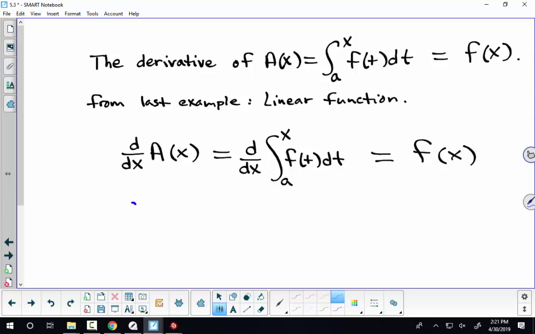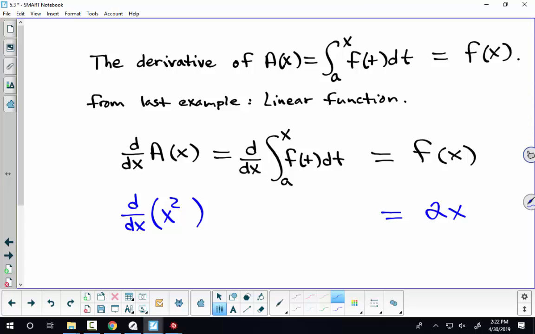So let's look at it this way. What if I told you that the derivative of x squared is 2x? What do I know about x squared? I know something about the derivative of x squared. It's the antiderivative.